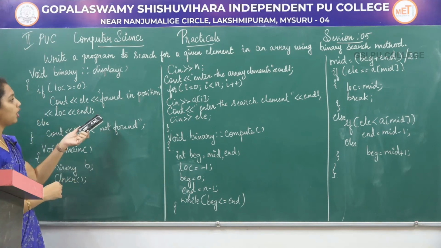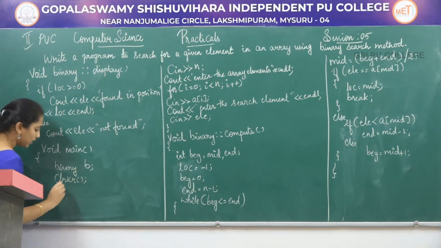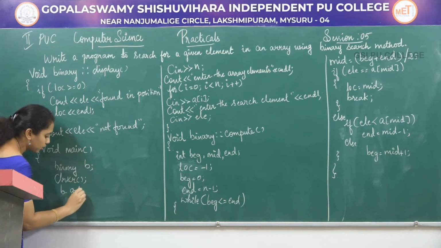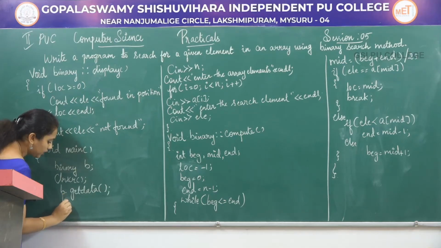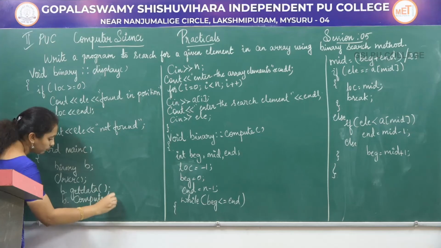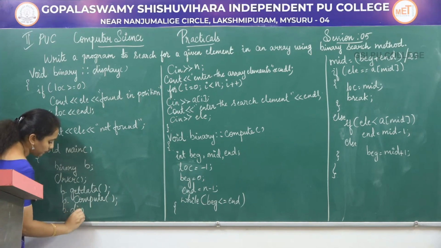Now I am going to call all the functions using object name. So here the object name is B dot get data function, B dot compute function, B dot display function.